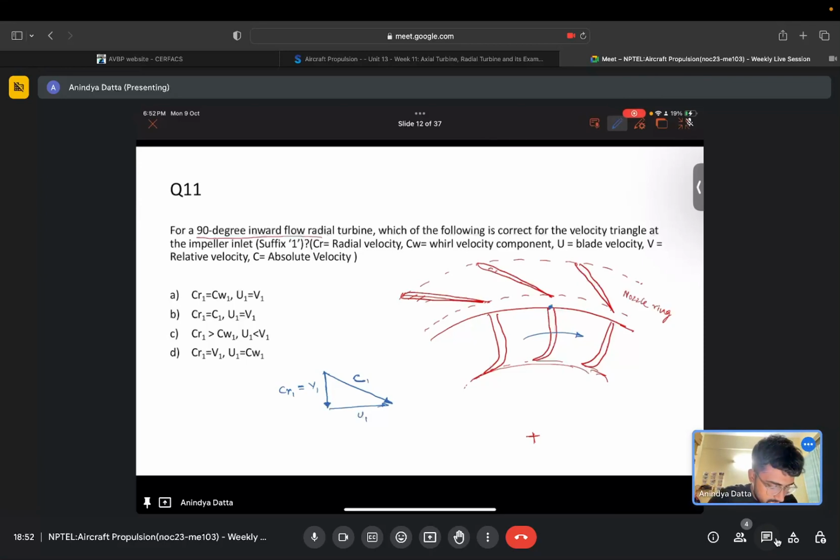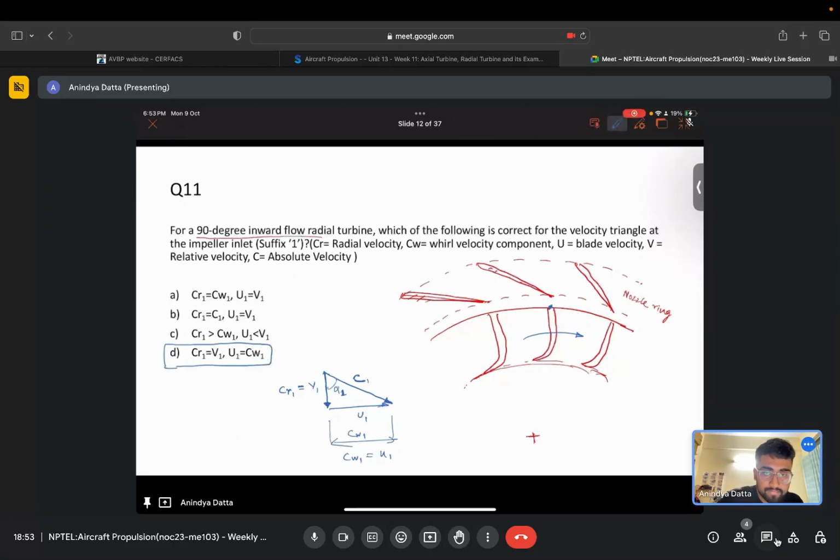This will be your alpha 1, and this will be the whirl component. Here you can see that the whirl component is also equal to u1. So the correct answer here will be option D.